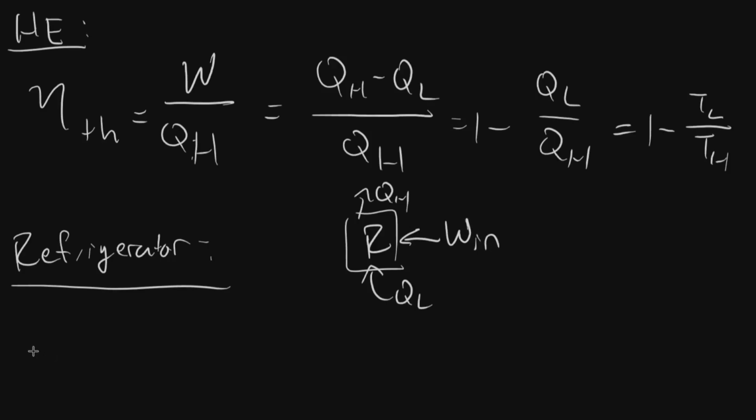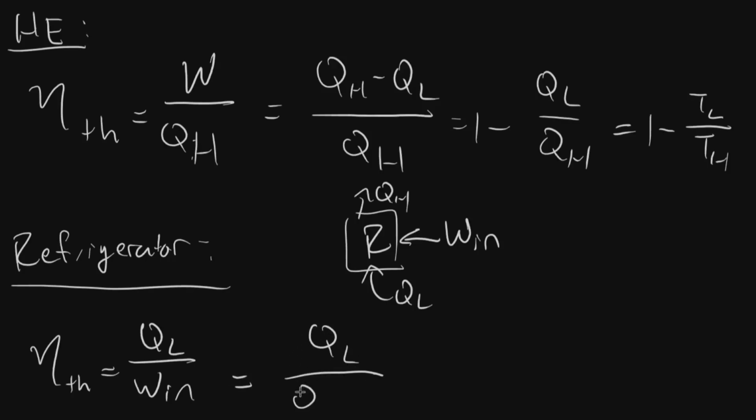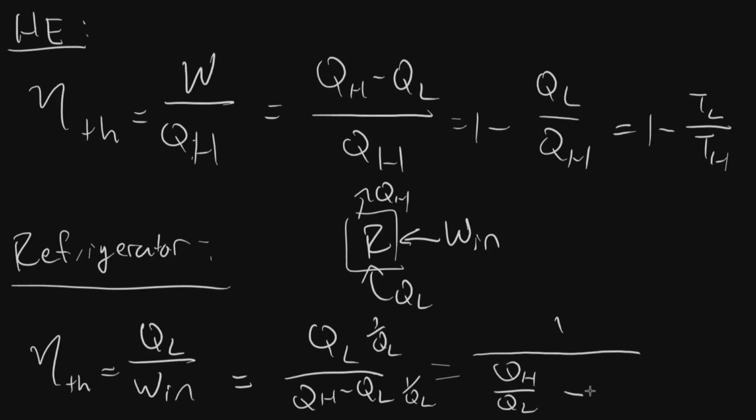And the efficiency for the refrigerator is equal to how much QL we get per amount of work we dump in, which is QL over QH minus QL, which equals, if we divide everything by QL, 1 over QH over QL minus 1.